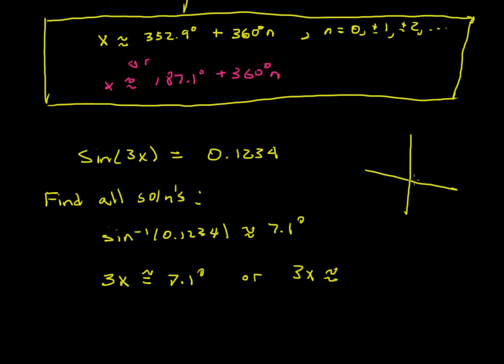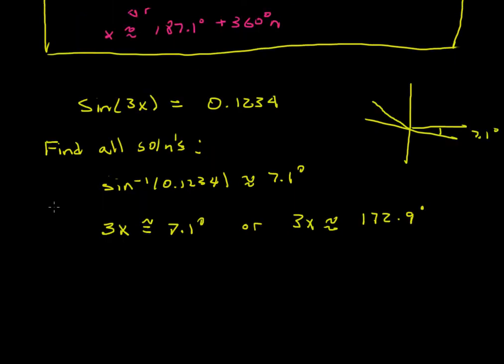So here we've got our first angle 7.1, but our sine function will also have that same value in quadrant 2, and using some symmetry here we would take 180 minus the 7.1 and get 172.9.